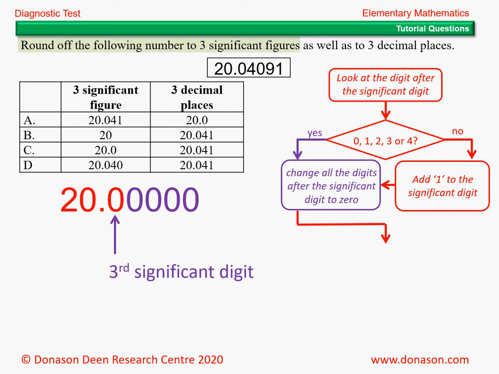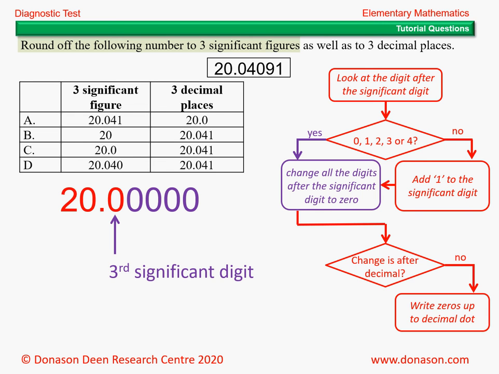After you have done that, the next question you ask is: did the change of all the digits after the significant digit to 0 happen after the decimal dot or before the decimal dot? If the answer is no, that means the change did not happen after the decimal dot, then write zeros up to the decimal dot.